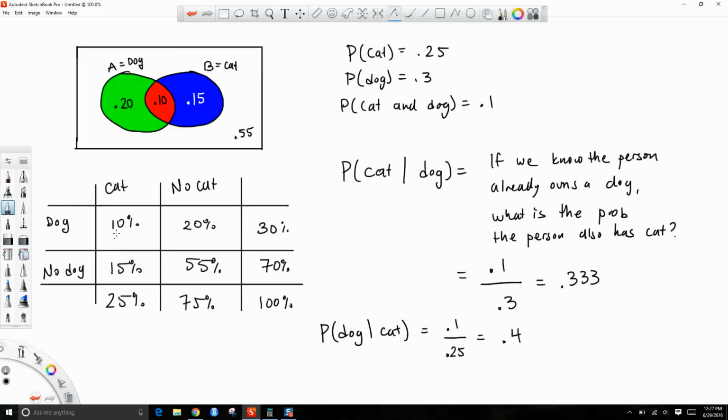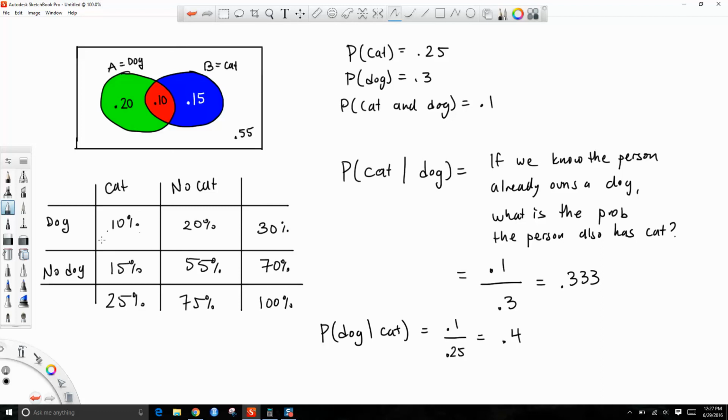So we can look at 10% divided by 25%, basically how many people own a cat and a dog, and in this scenario we're limiting ourselves just to those people who have cats. So we're just limiting ourselves to this column, and within this column, what's the probability that you are in the dog box? 40%, and you have a 60% chance of being in the no dog box.